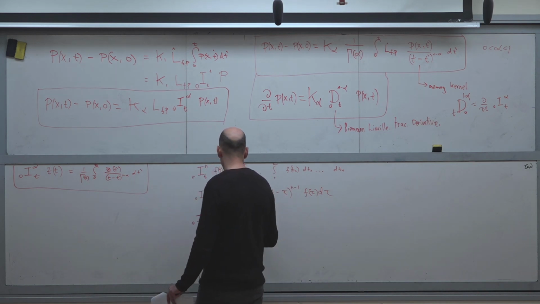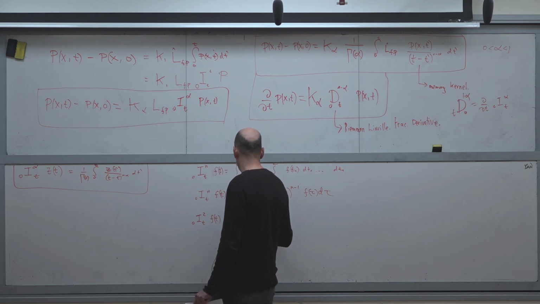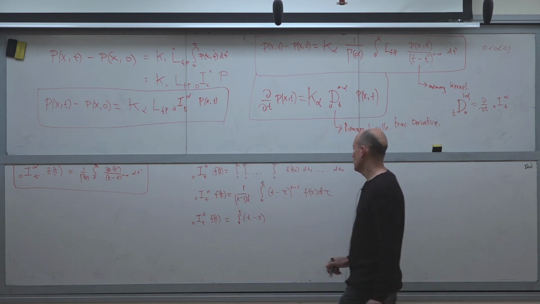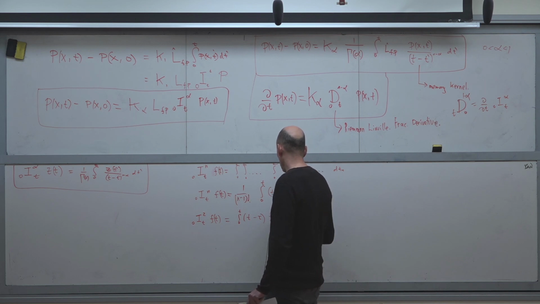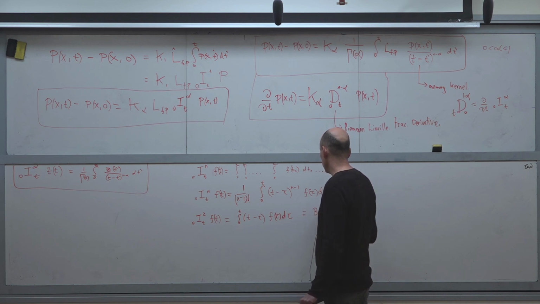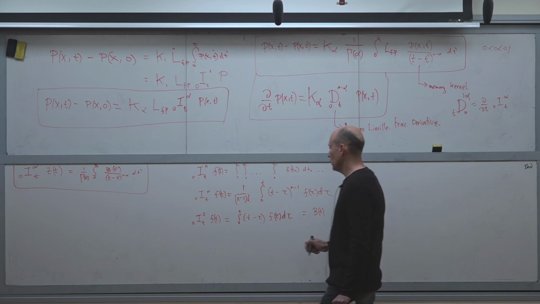So by the second definition, this is n equal 2. This is the integral from 0 to t of (t minus t') f(t') dt. I just plug in n equal 2. This I want to call b of t, b because it's the second definition.